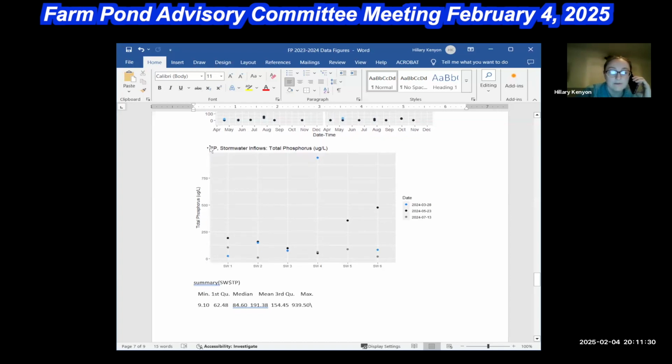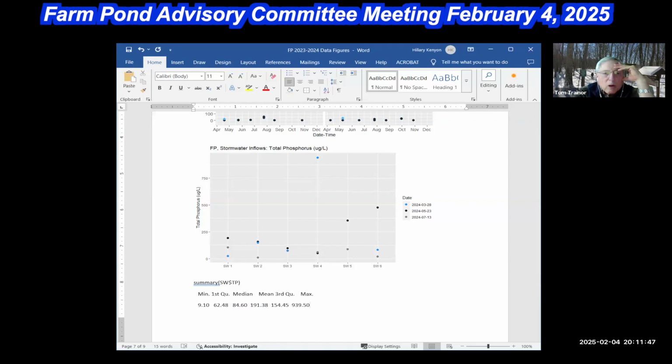This was the farm pond stormwater inflows, total phosphorus concentrations from the stormwater sampling sites. Overall, your median and mean were 84 and 191 micrograms per liter of total phosphorus. Are the data points there an averaging of the different sampling points?